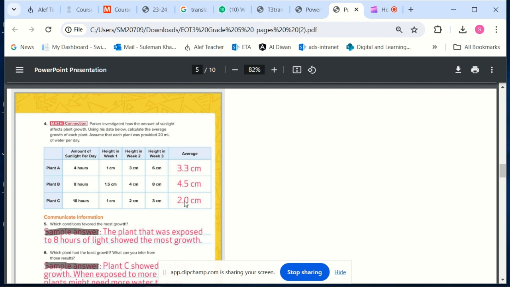Total average 2 centimeters. So which plant grows the most? We can see the most is plant B. It grows average 4.5. Which one grow the least? Plant C.